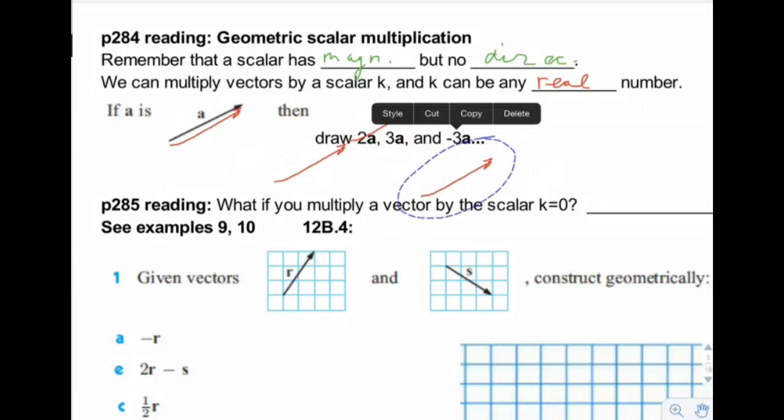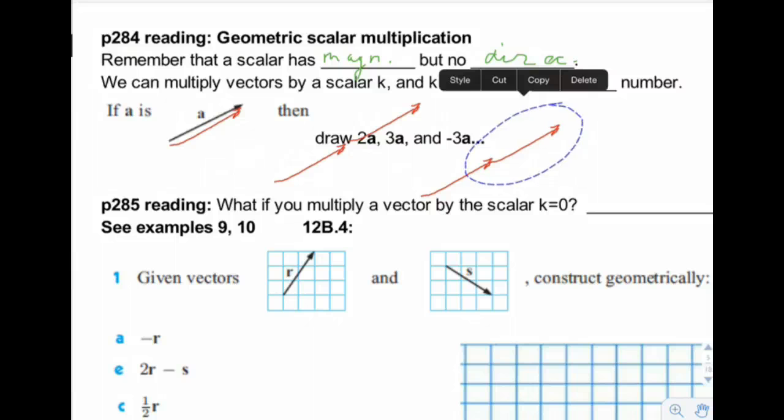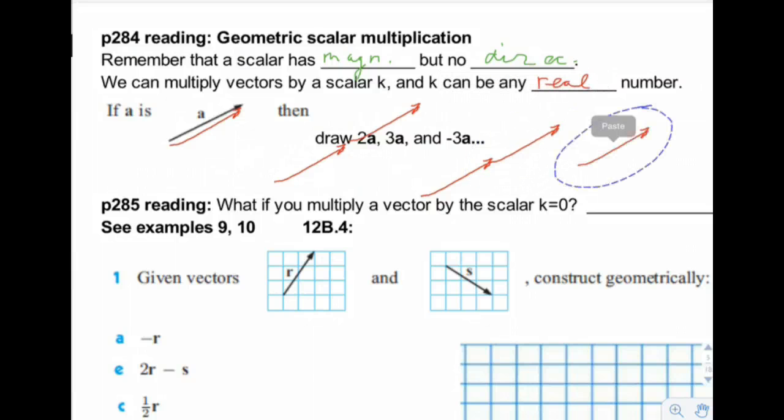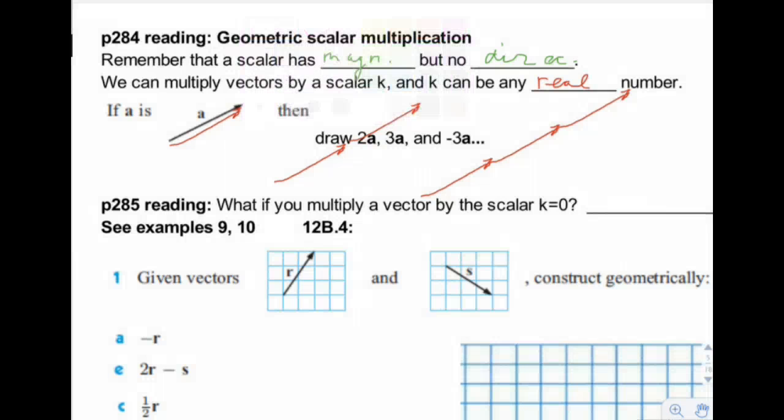Let me draw 3a. Is that cheating? There's 3a. What about minus 3a? There's minus 3a.